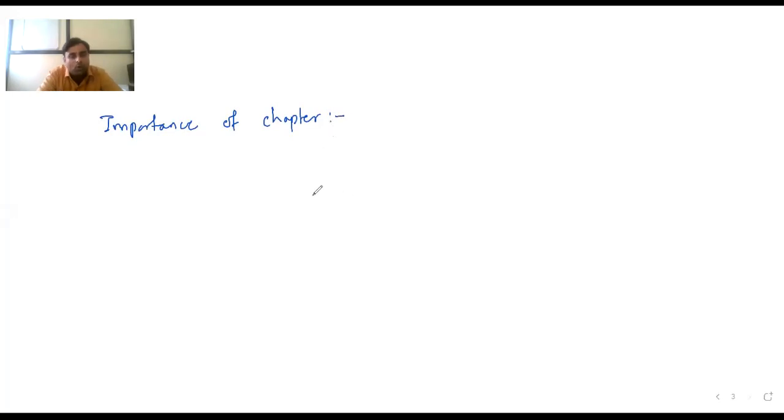Okay, so why is this chapter important? Basically, in a large structure, if you see a bridge, suppose a heavy bridge, a large bridge, a 4-lane bridge or a 6-lane bridge, in that bridge you see big girders.